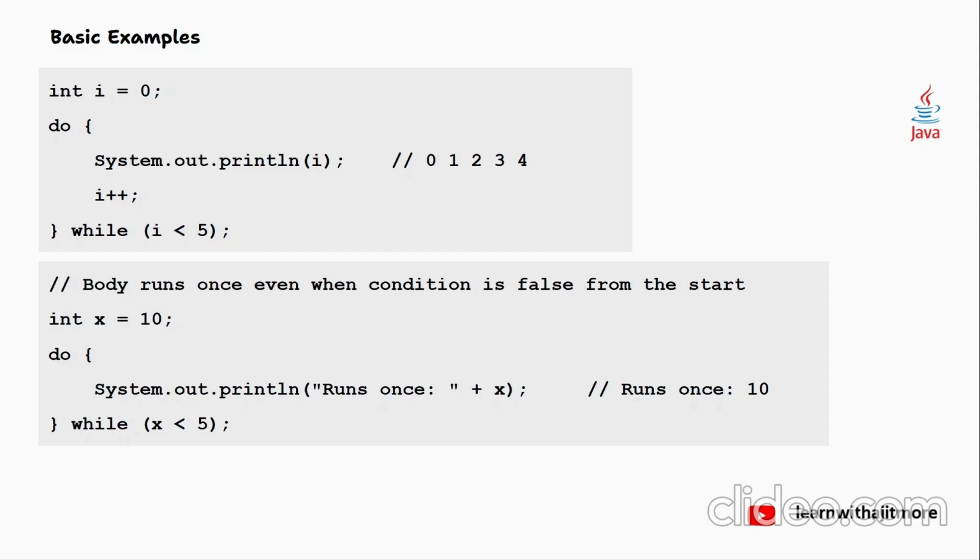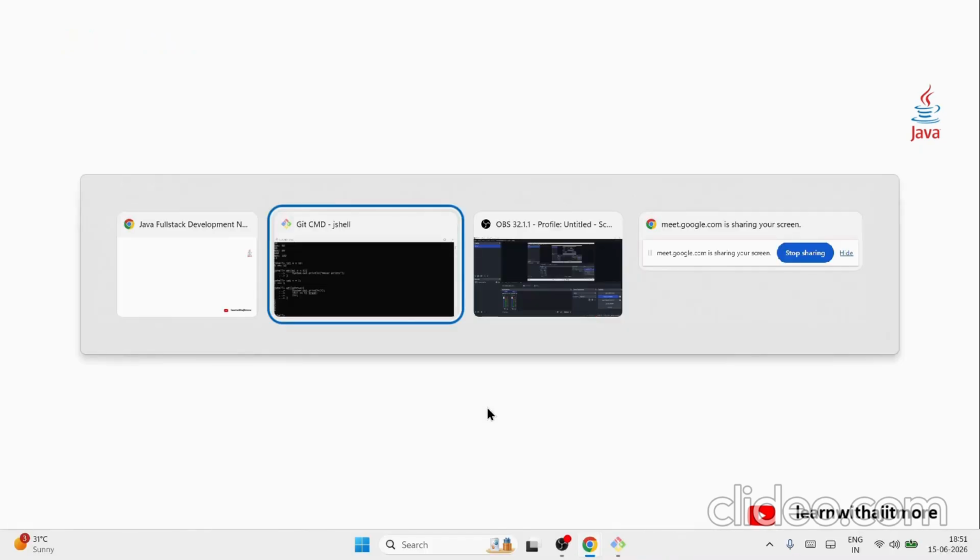Or it is post tested, not pre tested. Getting? So I hope this example you will never forget in your life. So as x is 10, it will still enter inside, run once, print 10, and then come to check the condition. False, stop. But it is executed at least once.